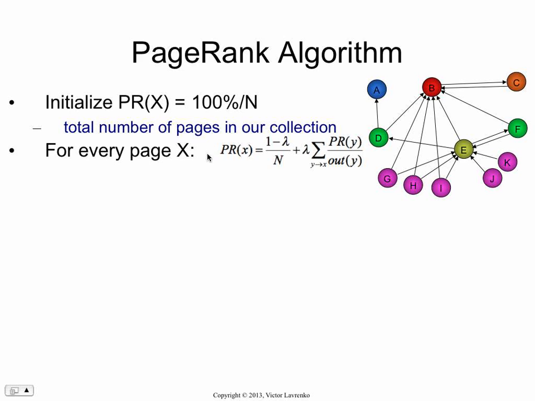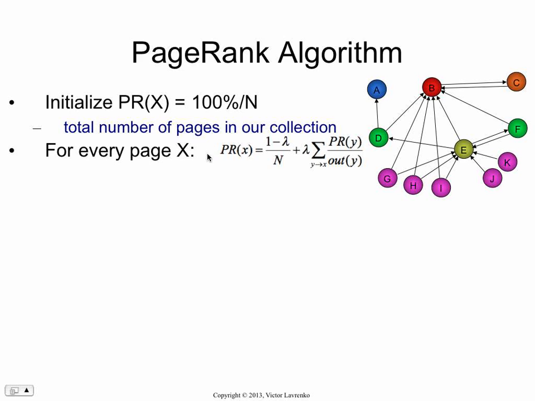What is the probability that I was at node Y on the previous step? It's the PageRank of Y. That's the definition of PageRank: the probability that you were on that node at a random moment in time. So you multiply by the PageRank of Y.